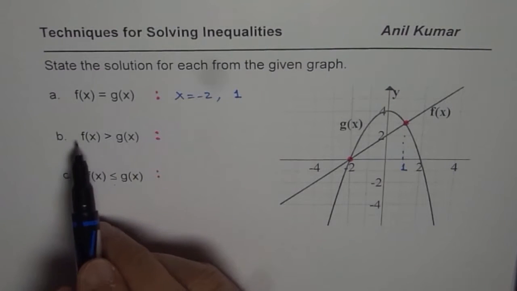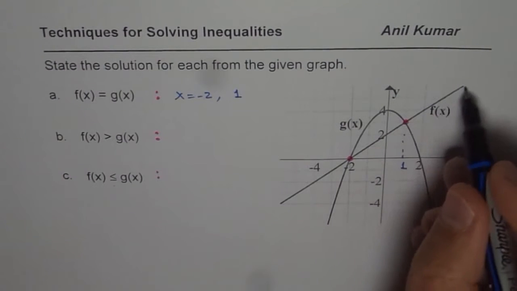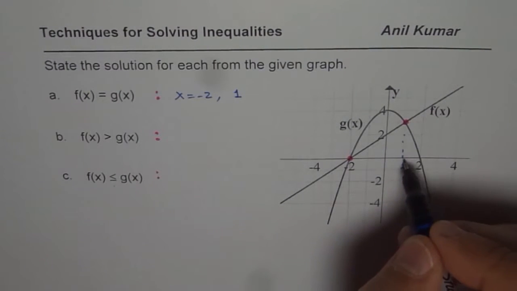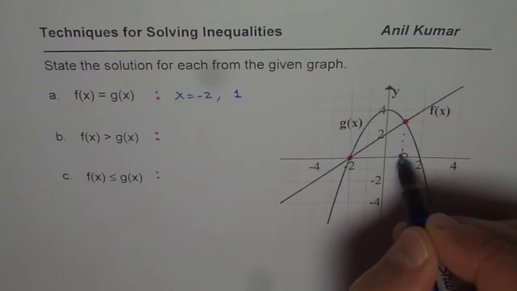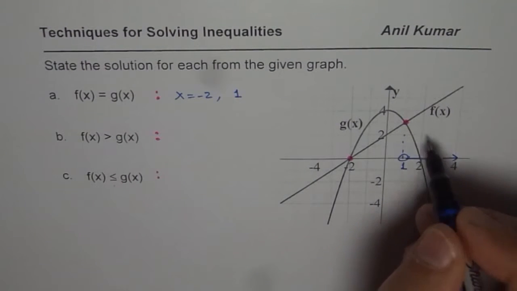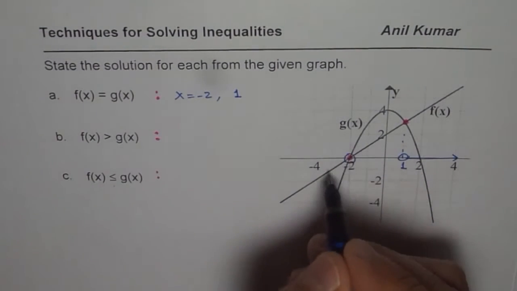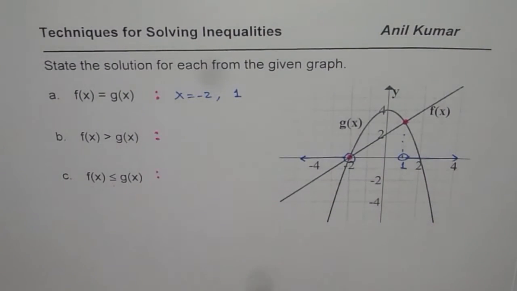Now when is f of x greater than g of x? f of x in our case is a straight line. Now this straight line is actually greater than g of x after 1, as you can see from here. So it is from here onwards it is greater, correct? Because the line is over this graph, and also before minus 2, not including minus 2.